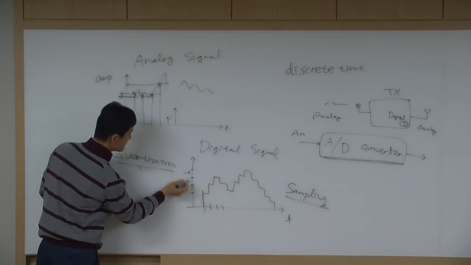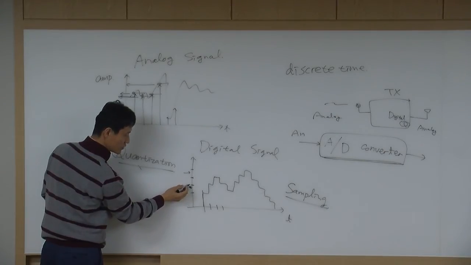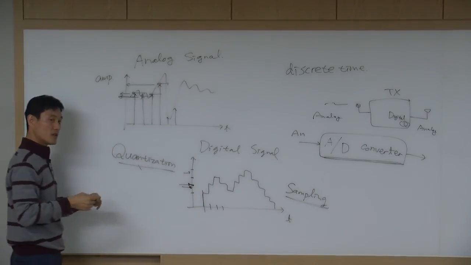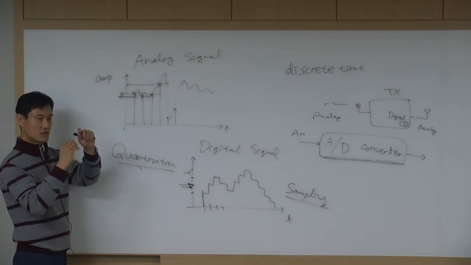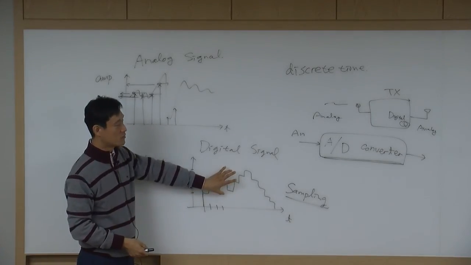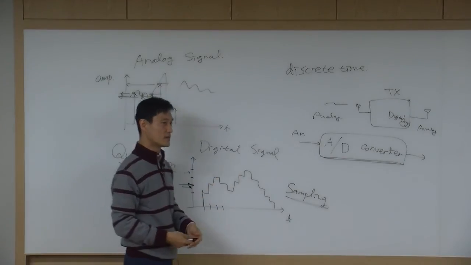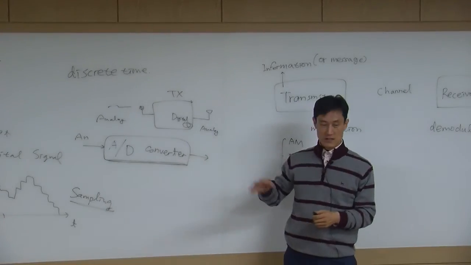So if you get this value after you do sampling, then you're going to change this value into the closer one. That's quantization, so each value is a little bit changed. Eventually you're going to get this kind of output signal. That's what we call a digital signal. So that's the main difference between analog signal and digital signal.